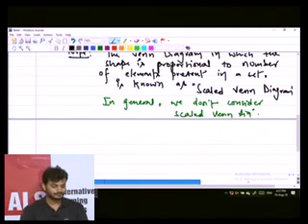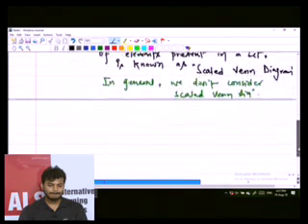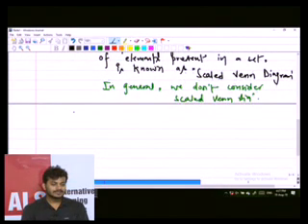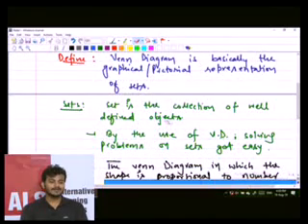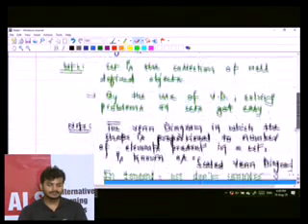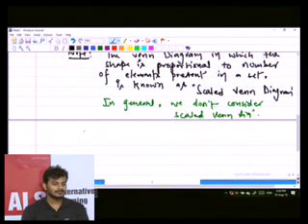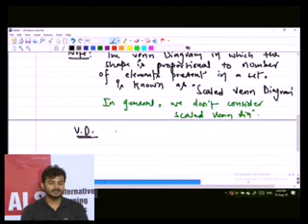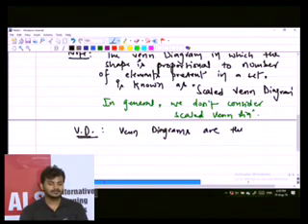Next, as a set is the collection of well-defined objects, similarly, what are Venn diagrams? Venn diagrams are the collection of different sets.